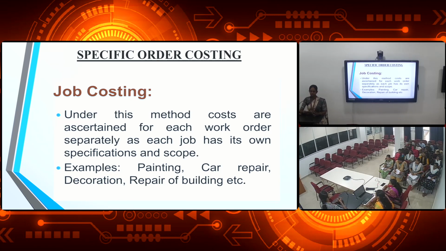For packaging, for example, the amount of work done may be very limited. They prepare a die. If we give an order for a 4x4 box, they already have the die, they already have the samples or templates with them. So if we give the order, they just procure the raw material and do the job order easily. There are some difficult jobs.